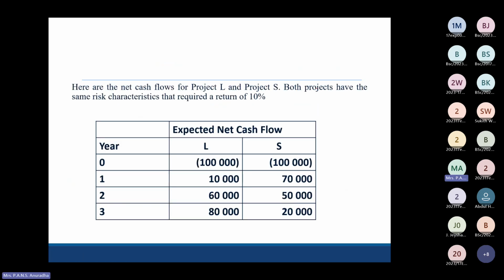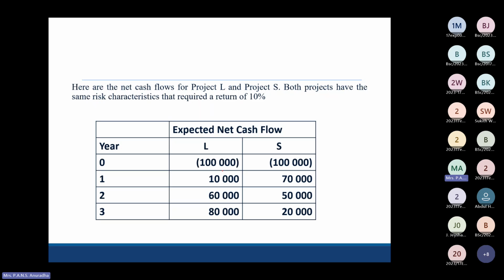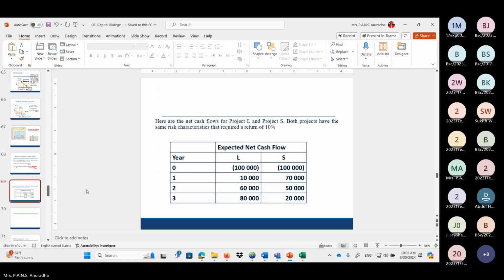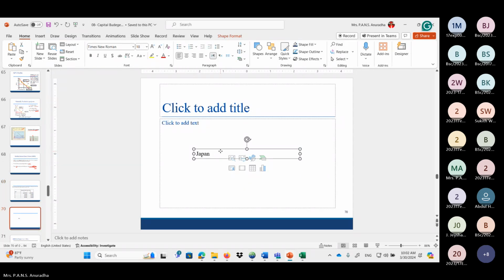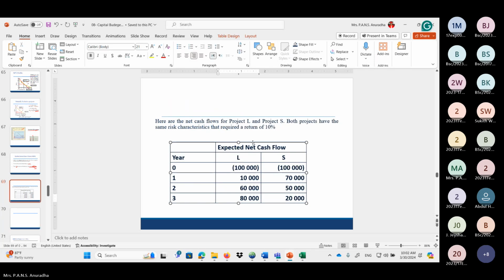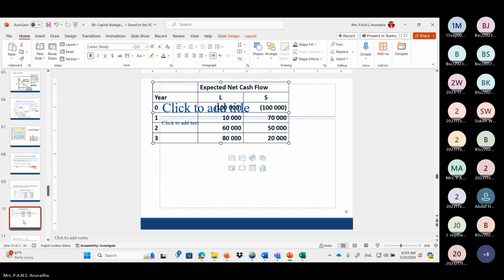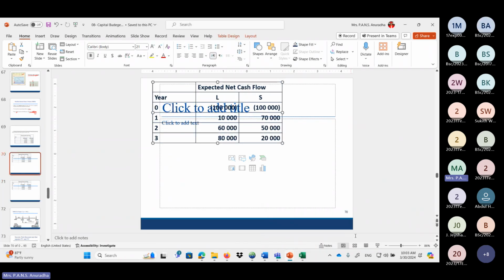Now look at this one. Two projects, the same ones, right? The same two projects, L and S. What you have to do is calculate the modified internal rate of return for project L and project S. So let's calculate the modified internal rate of return for project L first.